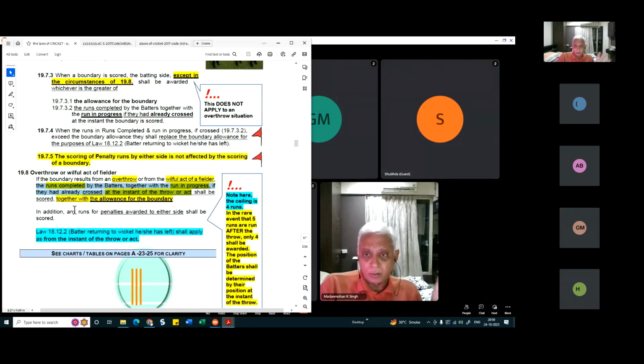You will ignore short runs because 4 runs will wash away their sins. But in the case of an overthrow, you should not be ignoring the short running, because if in the first phase, at the instant of the throw, they have run 3 and one of them is short, you will have to count 2 plus the boundary allowance. This is what that law says.